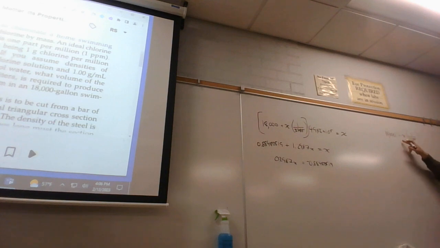Okay, so this is the total volume of the chlorinating solution. And then we took the gallons and converted it to liters by multiplying by 3.785 liters per gallon. And then we went from liters to milliliters, so we times it by 1,000 milliliters.